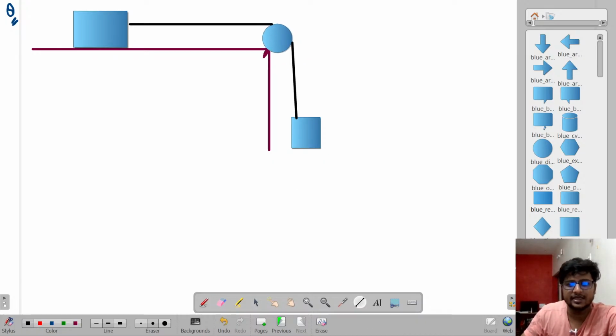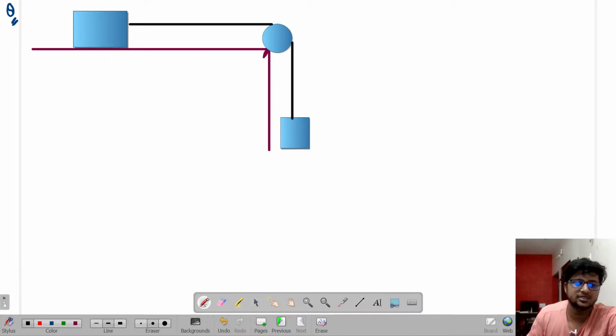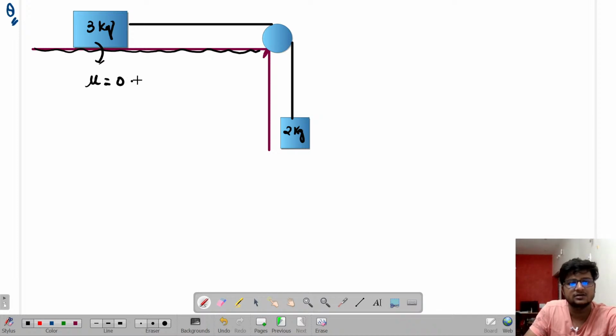Now look over here. Again, I took a two sample problem. Again, same scenario. Masses are given as this one is 3 kg and this one is 2 kg. The surface is again rough and mu value is given as 0.5 once again.